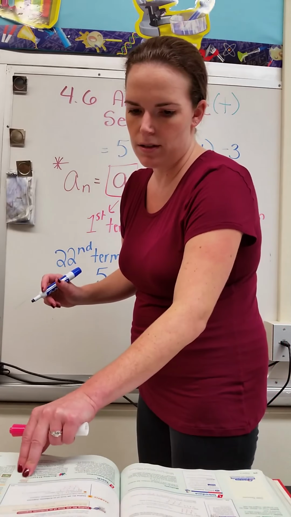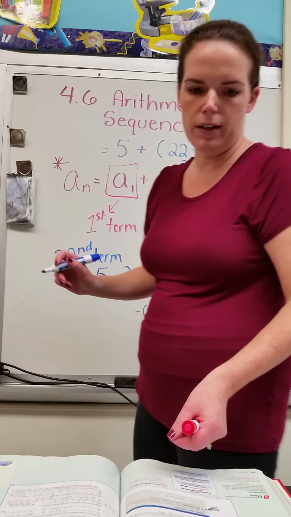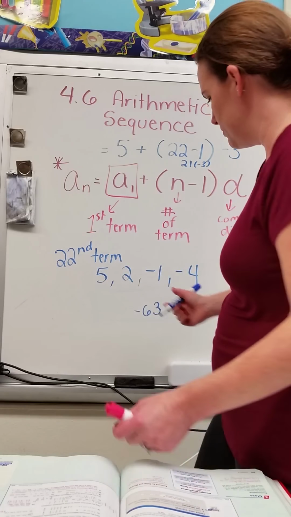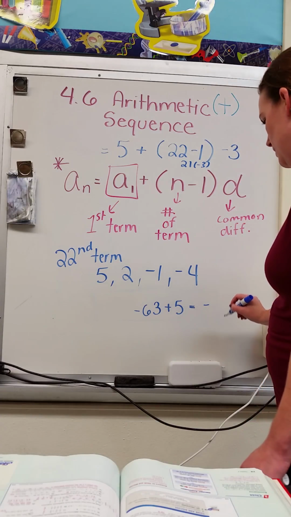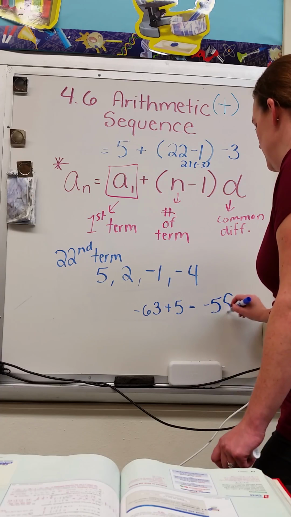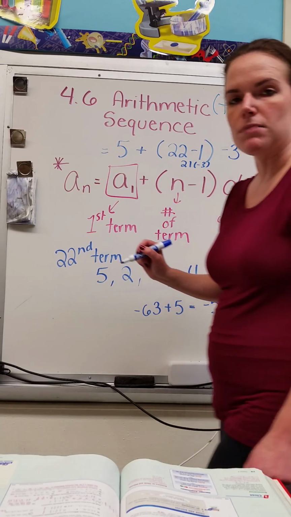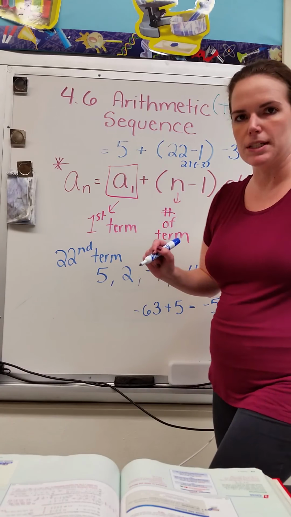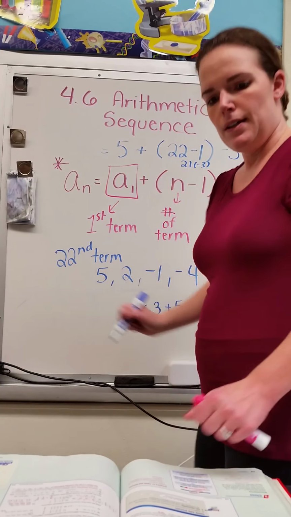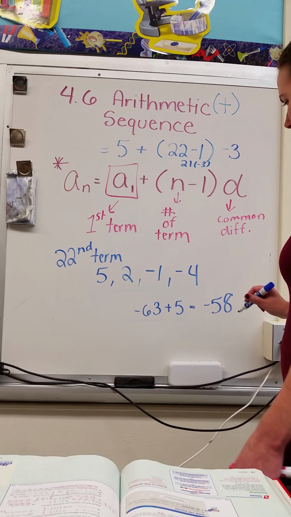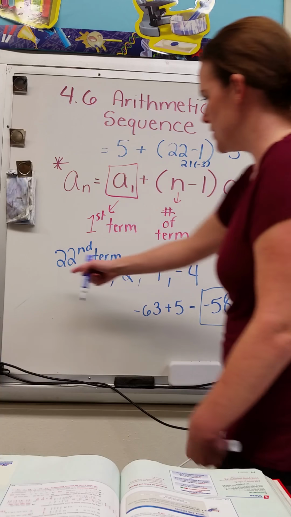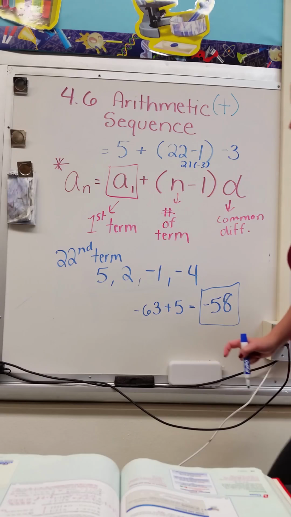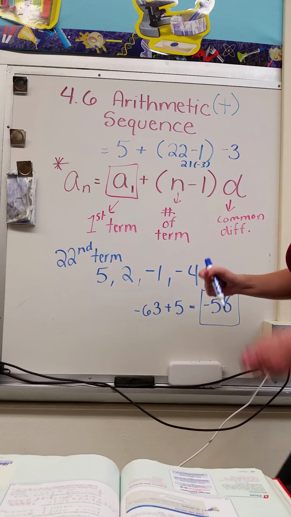And then you will get your answer. So -63 plus 5 is -58, I think. I apologize if my arithmetic is ever wrong in these videos. I'm doing these kind of quick without a calculator. But I believe that this would then be your answer for the 22nd term in this particular sequence.